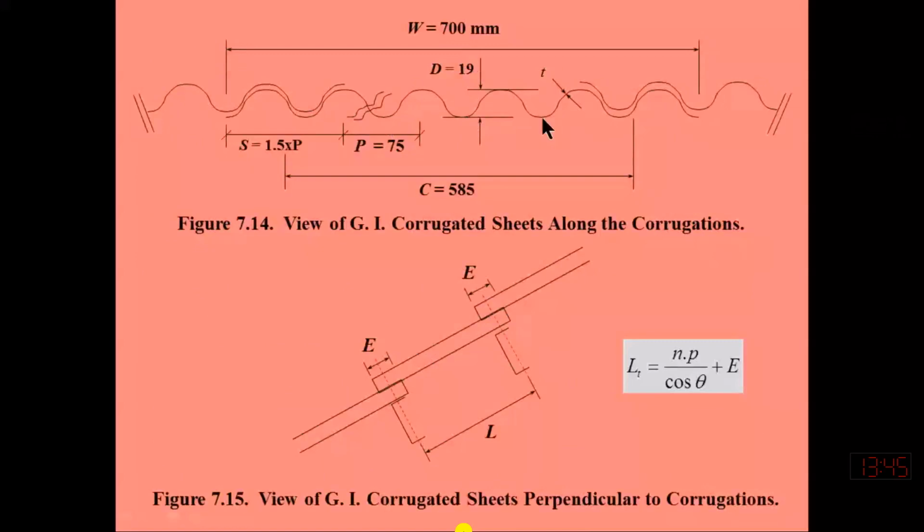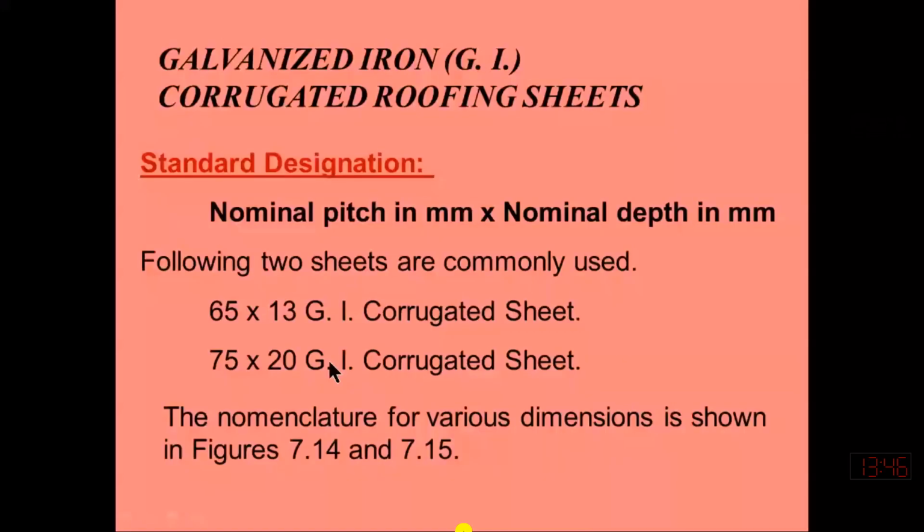From here to here is the pitch along the length of the sheet. So that is P. The pitch of this 75 into 20 GI sheet will be 75, so that's why I have written 75 here.